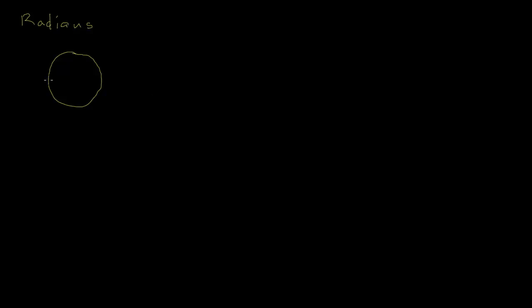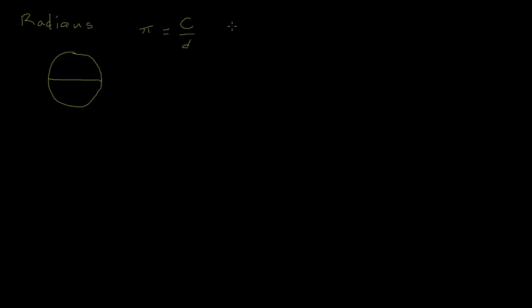And in a circle, one of the things you have learned about in the past is the definition of pi. Pi is the ratio of the circumference, the distance around the circle, divided by the diameter.